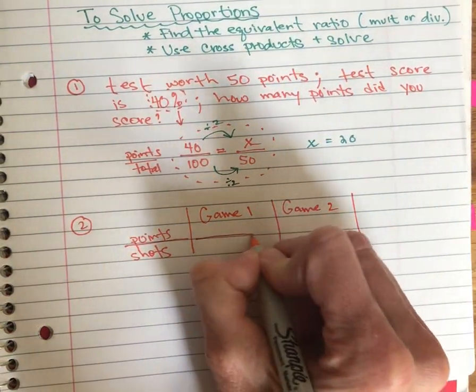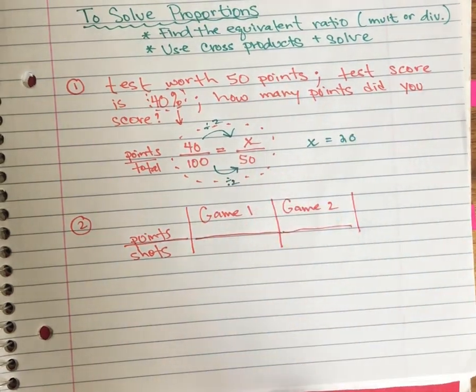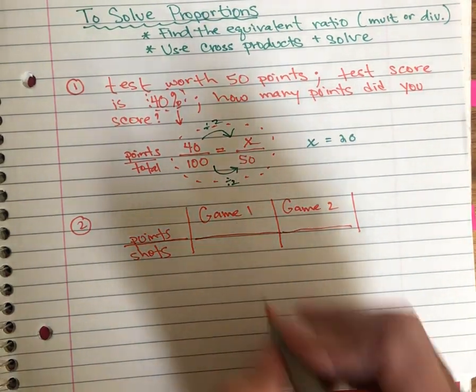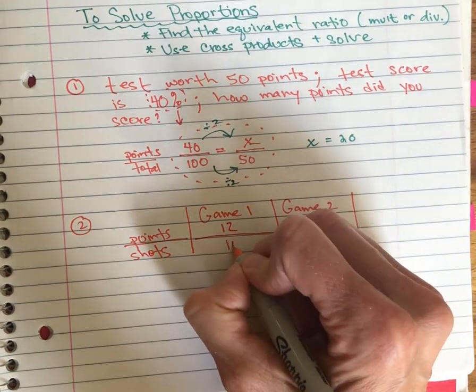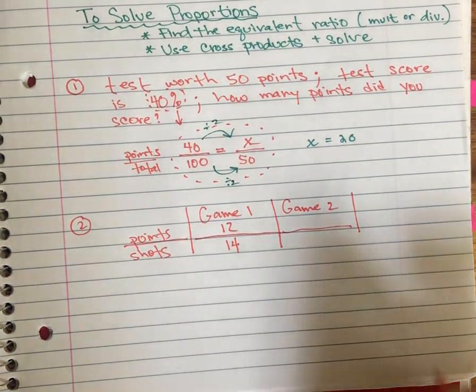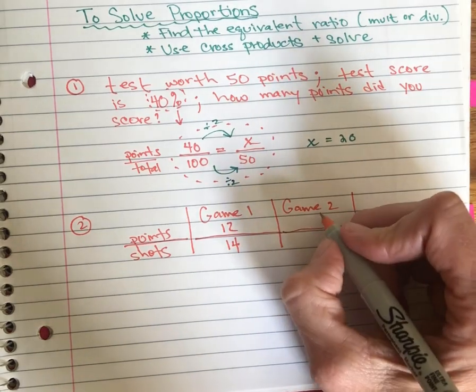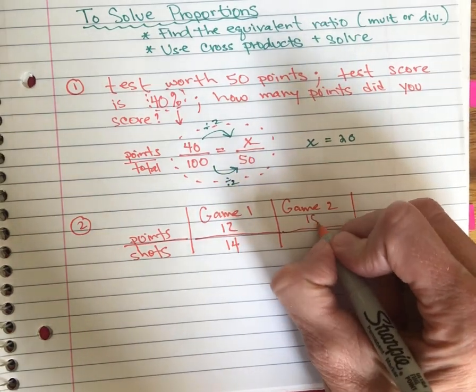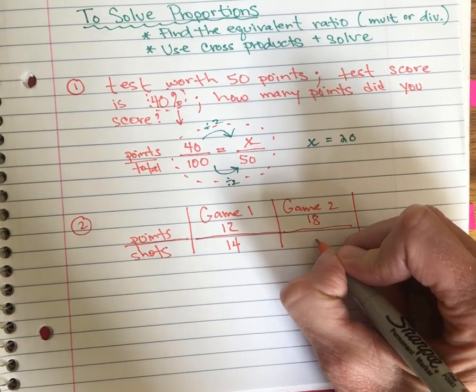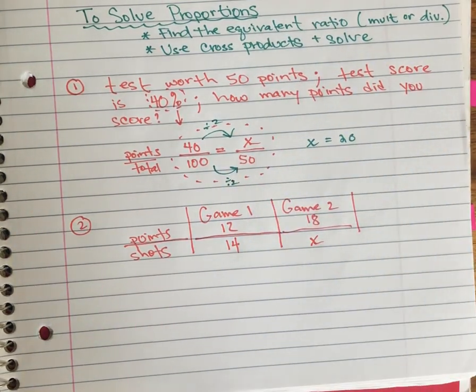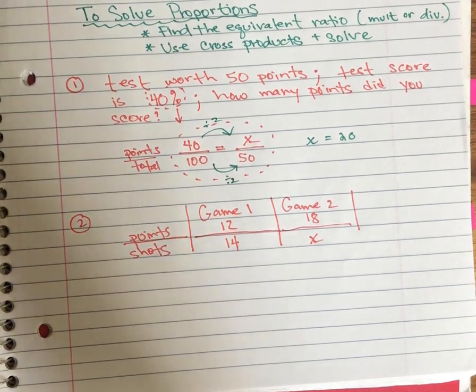Okay. So in game 1, this person scored 12 points and took 14 shots. In game 2, 18 points, and we don't know how many shots they took, so that's going to be called X.